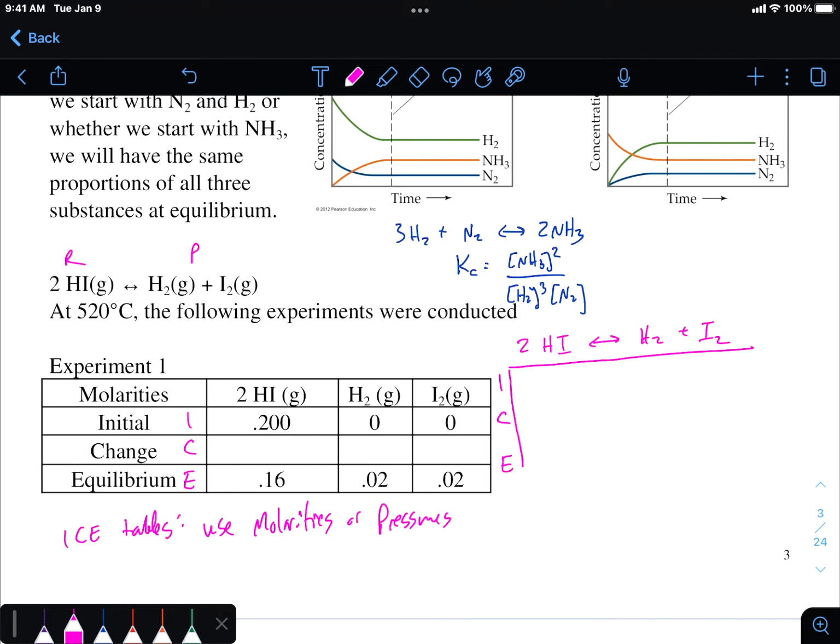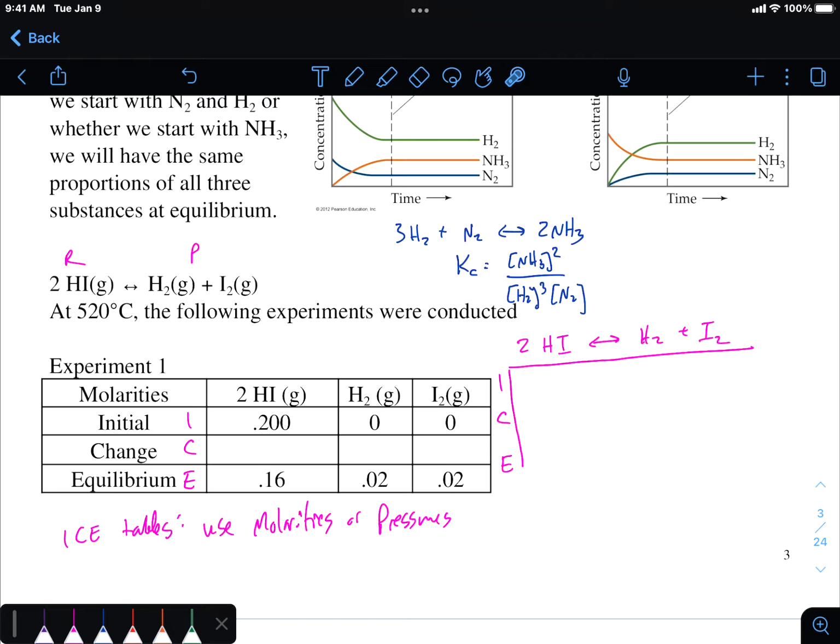All right, so in my ICE table here, just by inspecting what is told to us in the initial row, what they're telling us is at the beginning, we have a concentration of hydrogen iodide to start, 0.2, right? And if there is no hydrogen or iodine mentioned, then you are to assume that there is none. So there's nothing there.